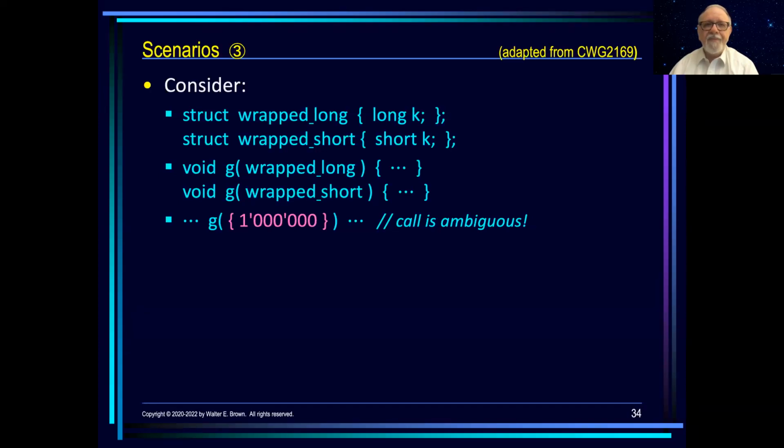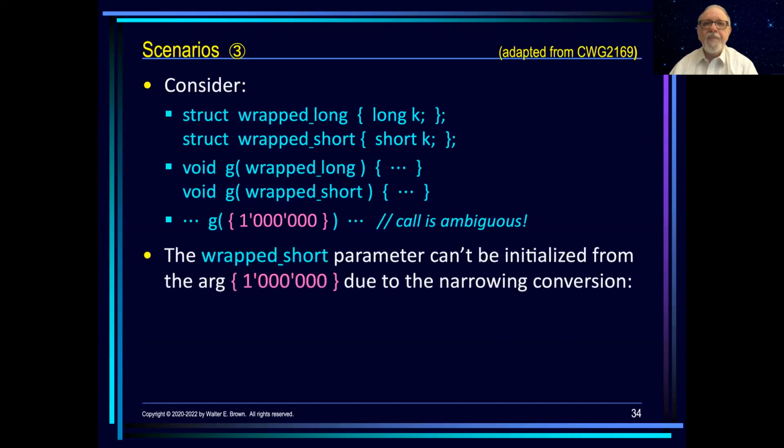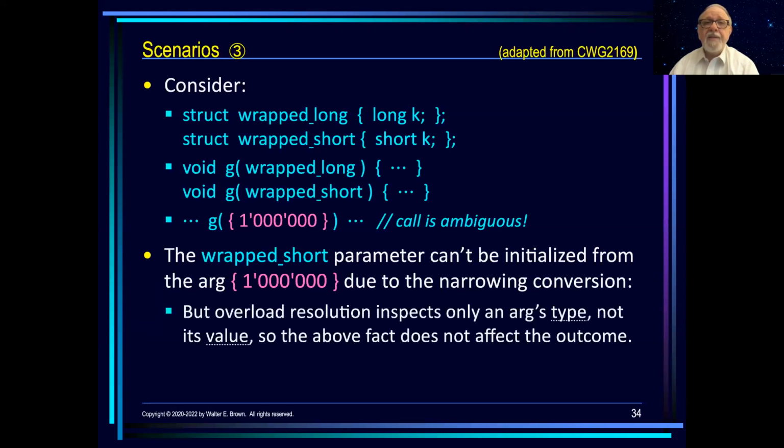So what's the problem? Well, it's true that the parameter whose type is wrapped short cannot be initialized from this argument because there's a narrowing conversion involved, right? And a million can't be represented by a 16-bit short. But overload resolution inspects only the type, not the value.